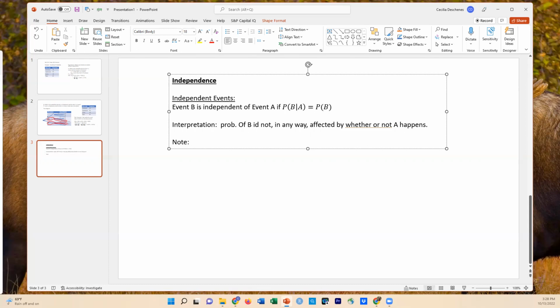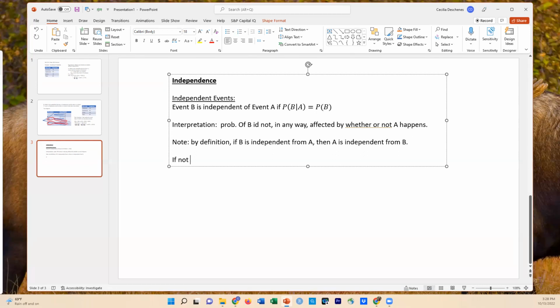Note, by definition, if B is independent from A, then A is independent from B. If not independent, then A and B are what we call dependent events.